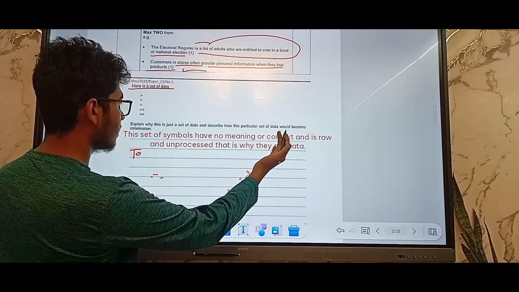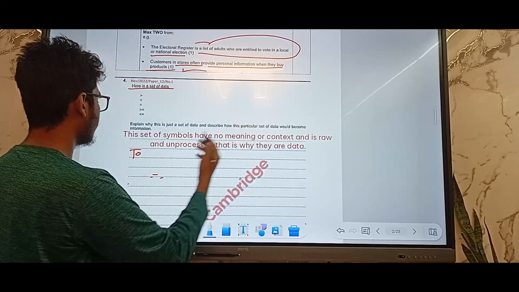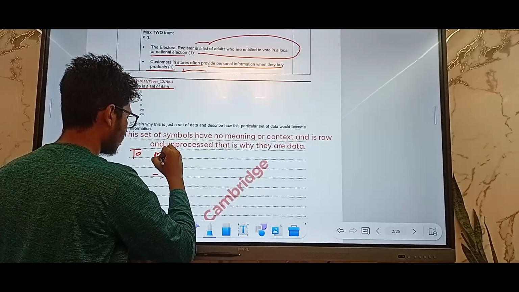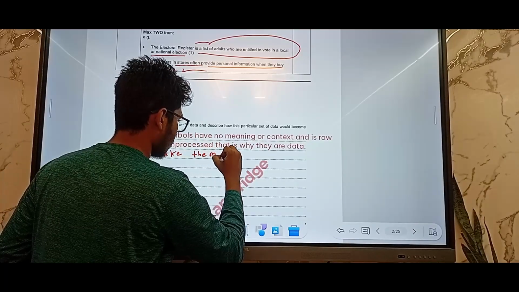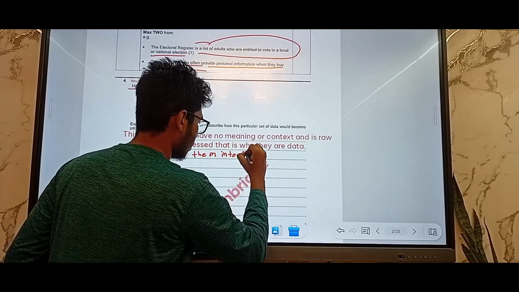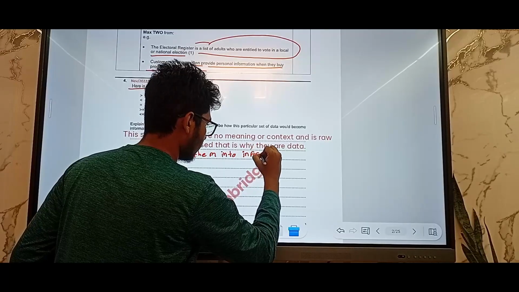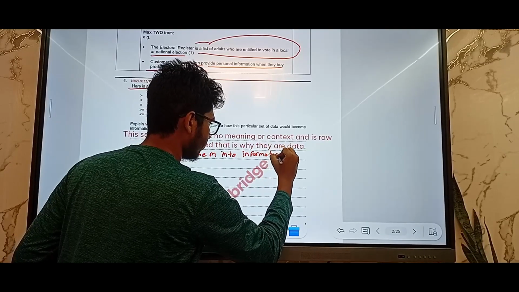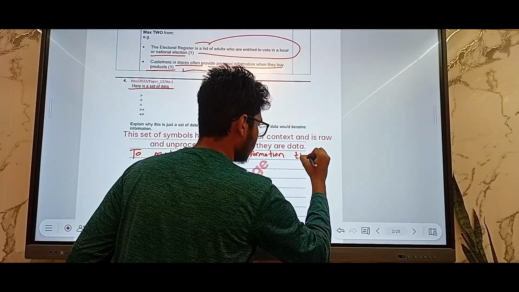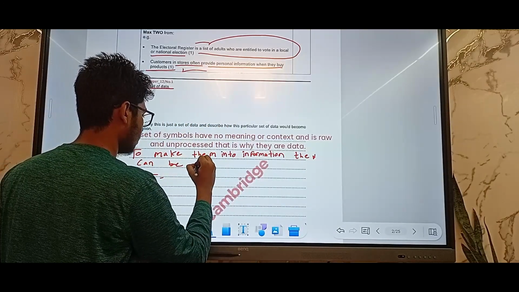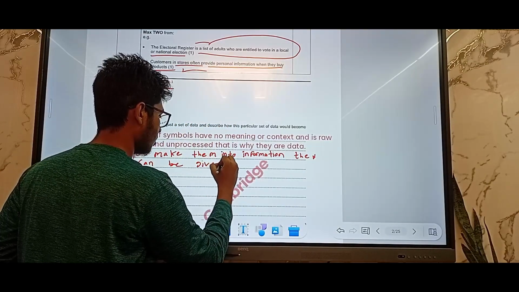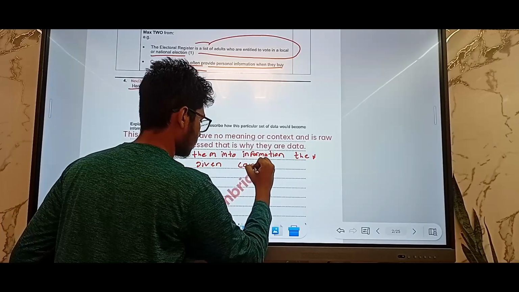Okay, describe how this set of data would become information. To make them into information, they can be given context.